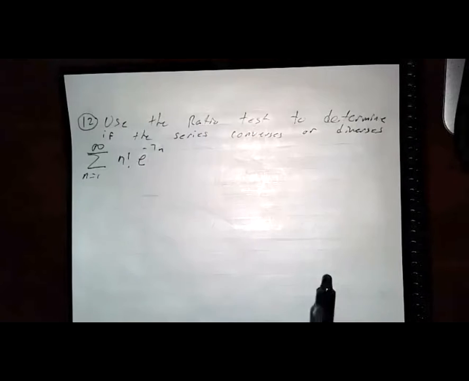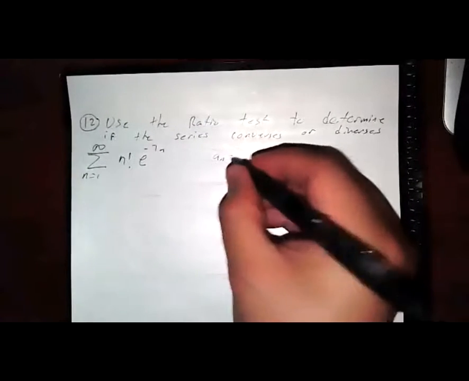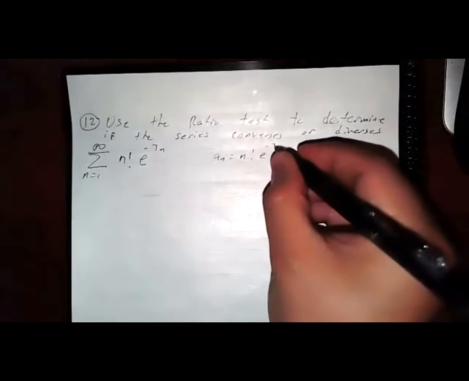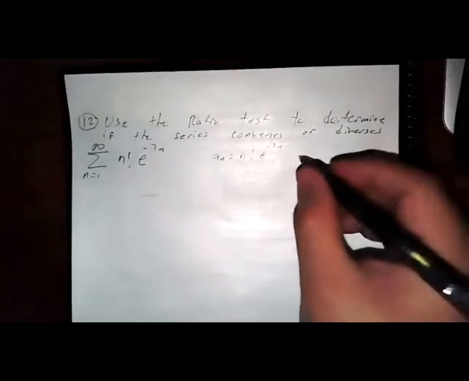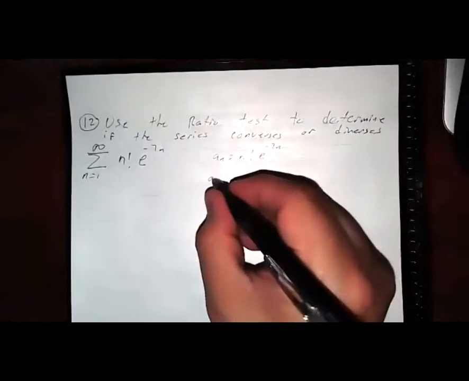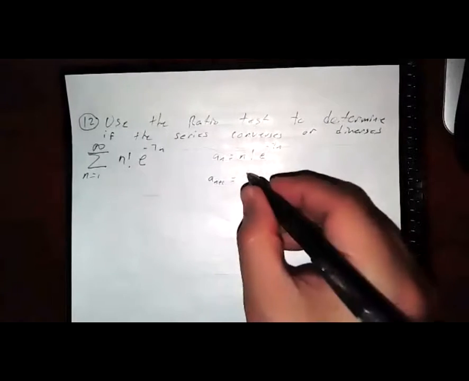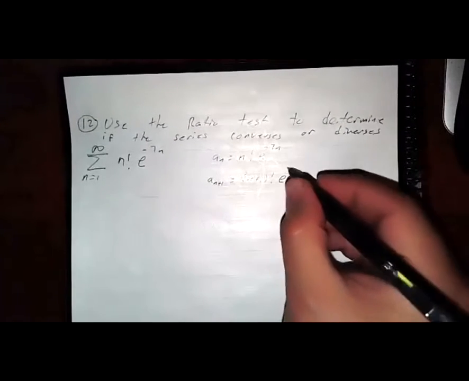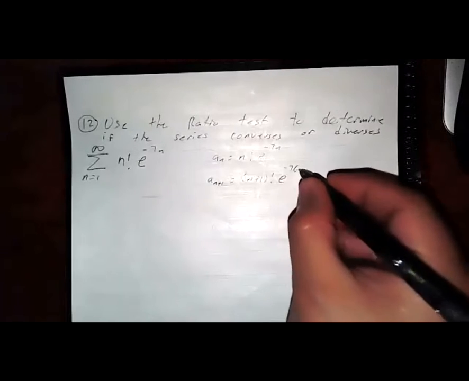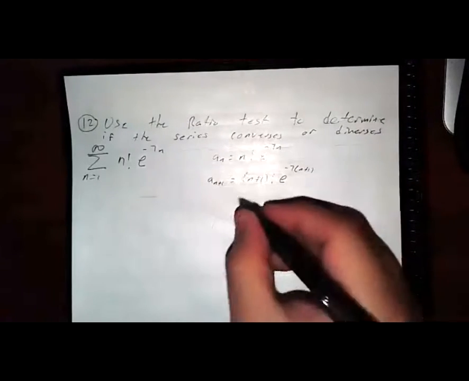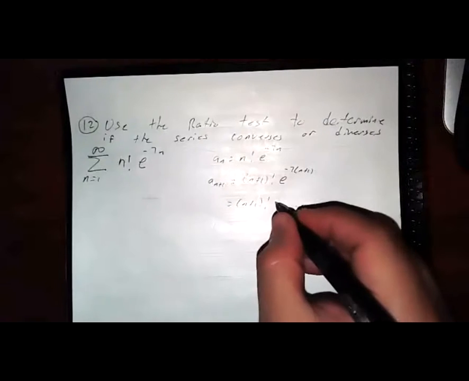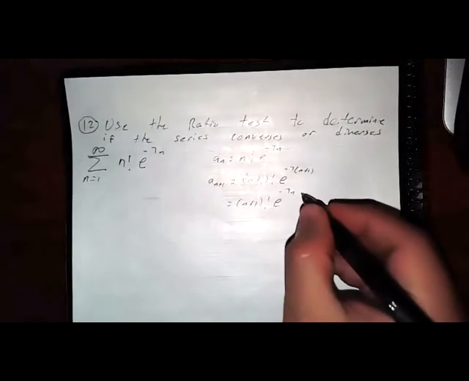So a sub n is, of course, what you're given, the sequence part. A sub n plus 1 is equal to n plus 1 factorial e to the negative 7 times n plus 1, which would be e to the negative 7n minus 7.